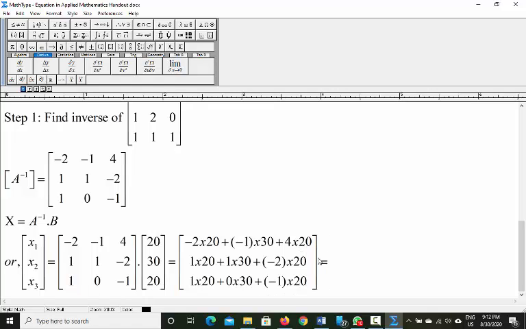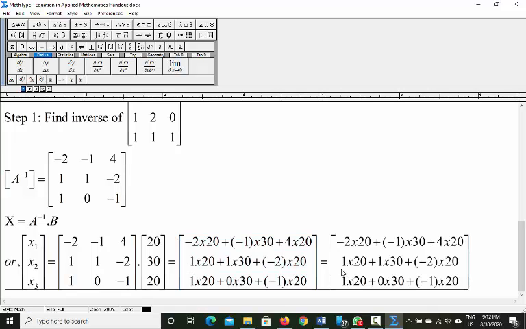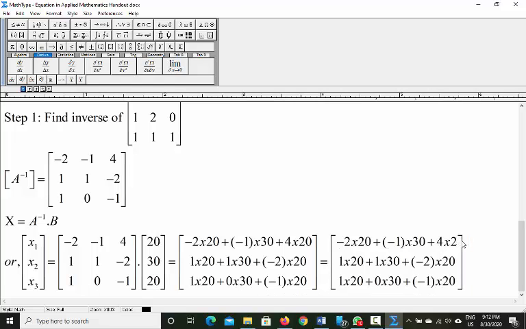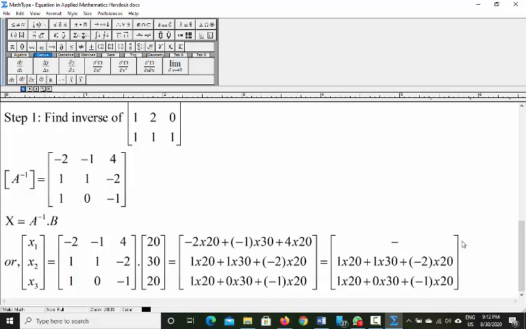So let us calculate. For the first row, 4 multiplied by 20 is 80, minus 30 is 50, minus 40, 50 minus 40 is 10. So we are getting 10. Let me revise again: 80 minus 30 is 50, 50 minus 40 is equal to 10, correct?